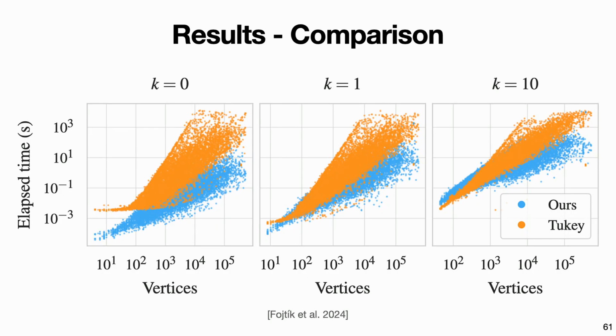We also compare our method against the only available implementation that we found, which computes the Tukey depth, a concept that is closely related to our K-hull. And in these plots, each of the points is a mesh from the Thingi10K dataset, plotted as elapsed time over the number of points in the point cloud. And we're almost always faster for a small k, and with large k, our asymptotic complexity still beats the Tukey version for large point clouds.